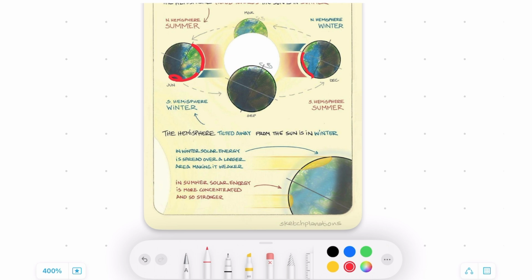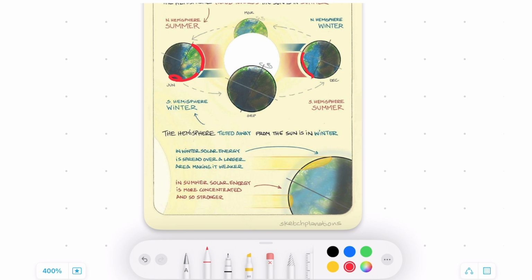So this creates an uneven heating on the Earth's surface. This uneven heating gives rise to winds, it gives rise to pressure patterns. These pressure patterns further cause weather, right? And this weather, when it is a very periodic change, is what we call seasons, right? So it is basically because of this tilt.